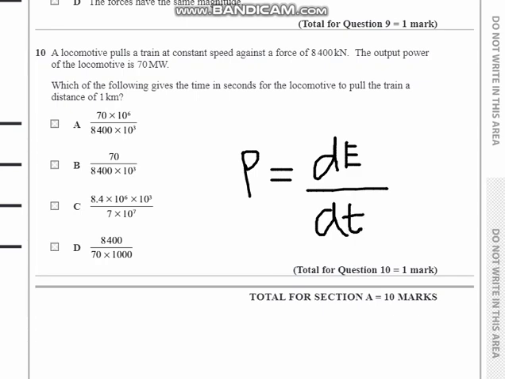Now guys, if you remember how to change energy into terms of force and distance. Force times distance gives us work done, and work done is equal to energy. So we will substitute force and distance here in terms of energy. We have power, we have force, and we have the distance, and we have to find t. So what I'll do is I'll just send t over there and bring P over here.